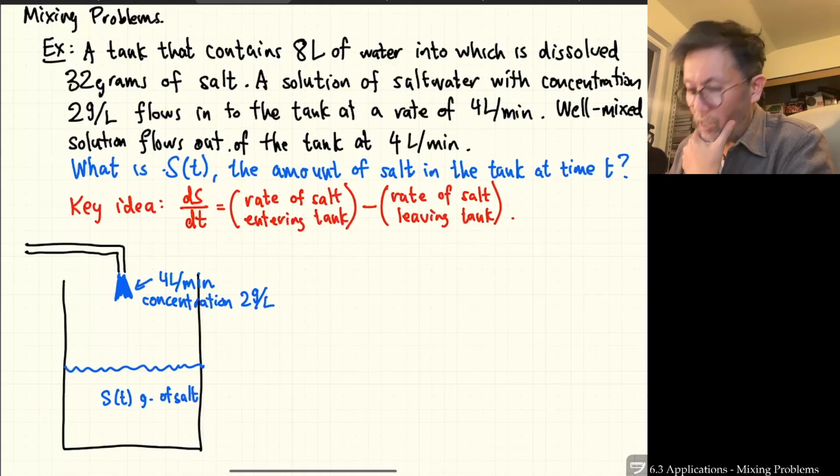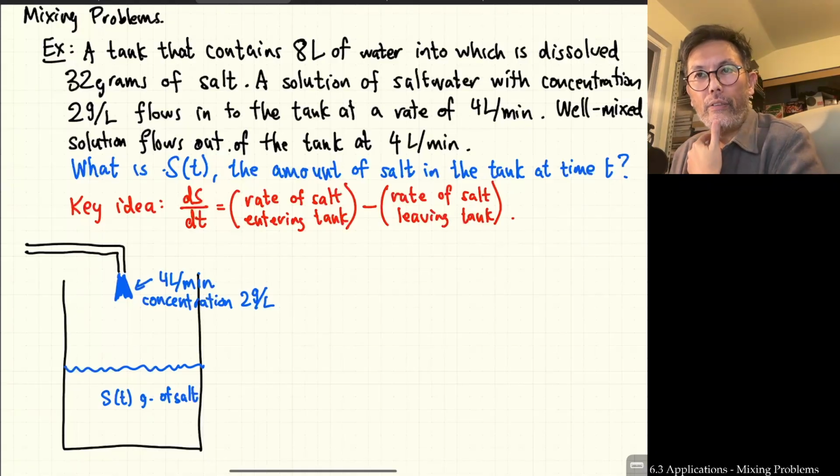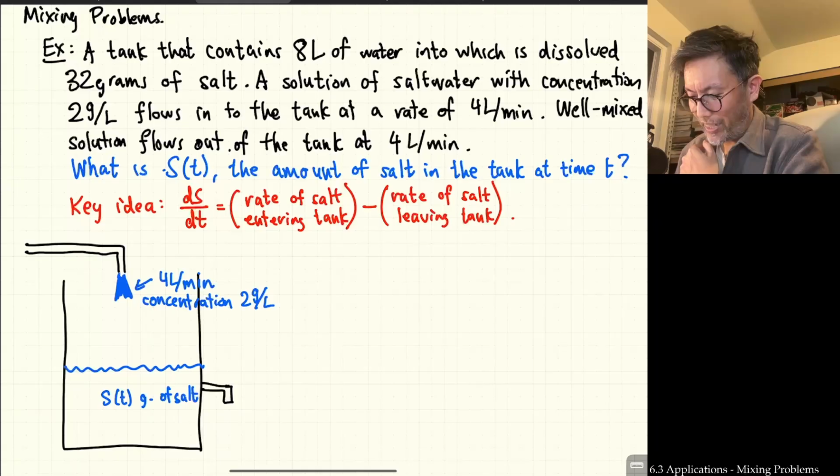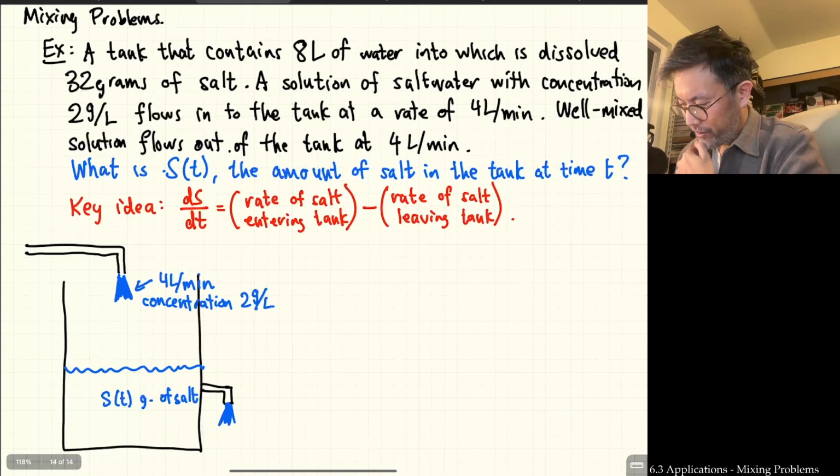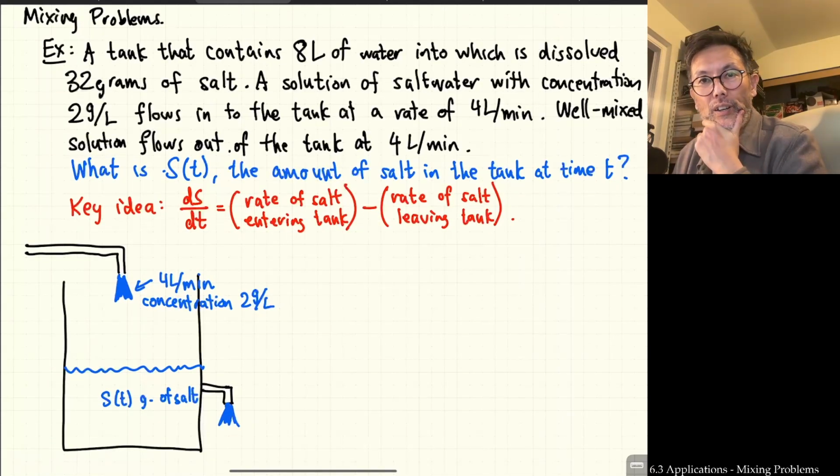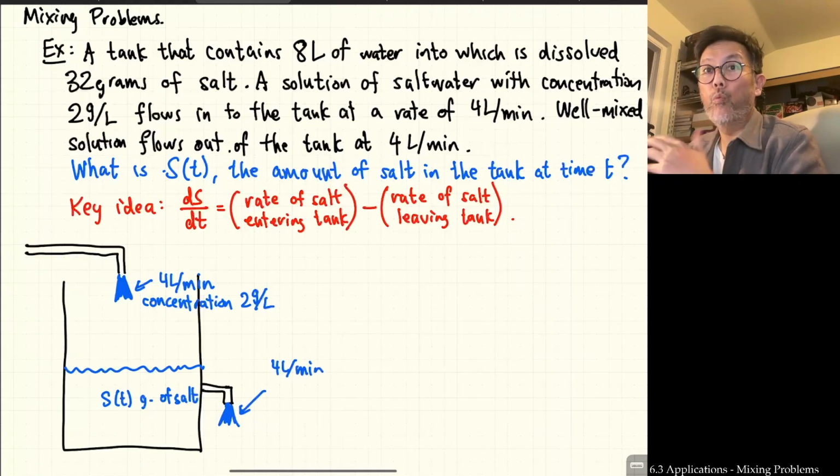All I'm doing is reading from the problem. I'm not doing any math. But then we have an output spigot. We have stuff leaving the tank, and it's leaving at the same rate that it's entering. So we have 4 liters per minute of well-mixed solution leaving the tank.